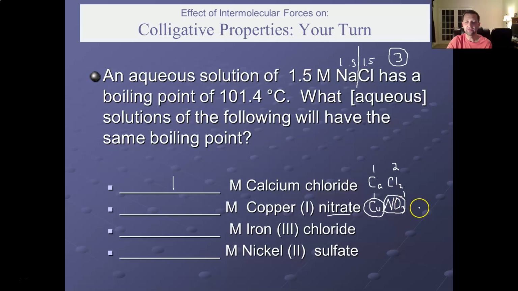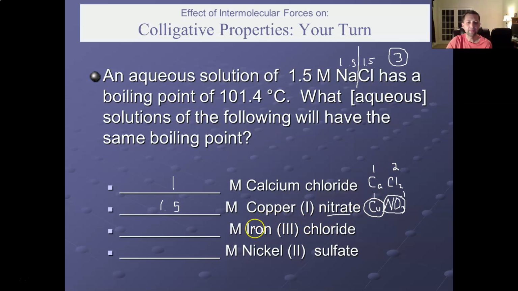So 2 dissolved particles. What do I need to multiply 2 by to get 3 total dissolved particles? Well, I need a 1.5 molar solution. Notice this is the same exact scenario as NaCl. You need a 1.5 molar solution to get 3 moles of dissolved particles. Your positive and negative ion is just 1 dissolved particle each.